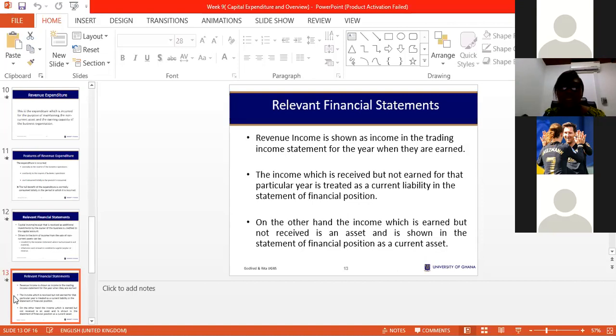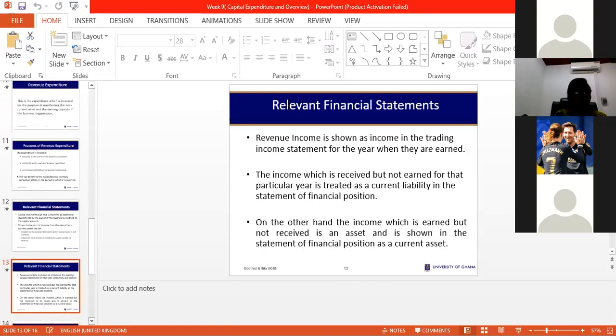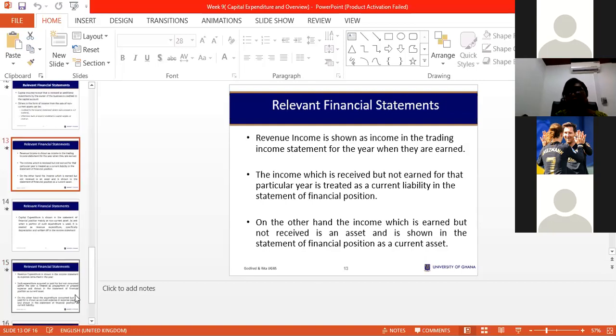And when you have received from the customer but not yet earned, it is a prepayment. So these are the two issues. You realize that when we sold to Ascertain, and Ascertain had not yet paid us, that amount at the end of the period will be treated as a current asset under debtors in the sales ledger.